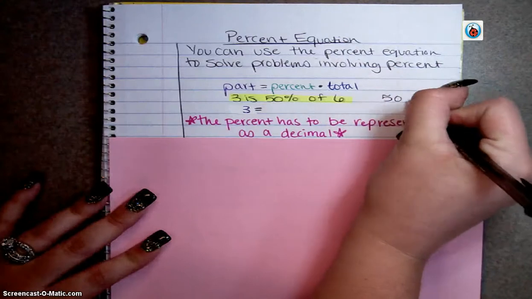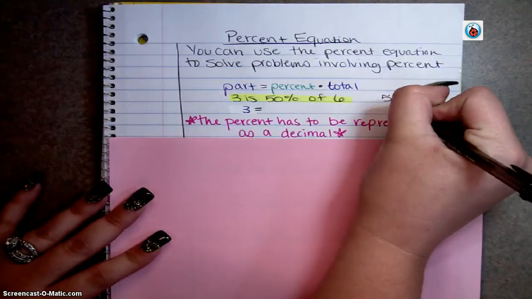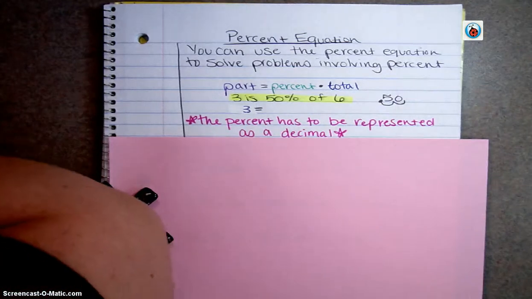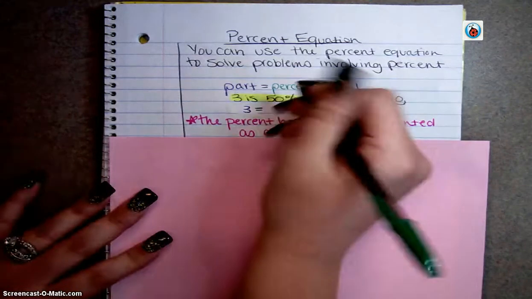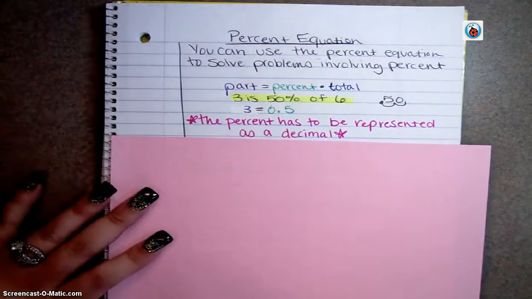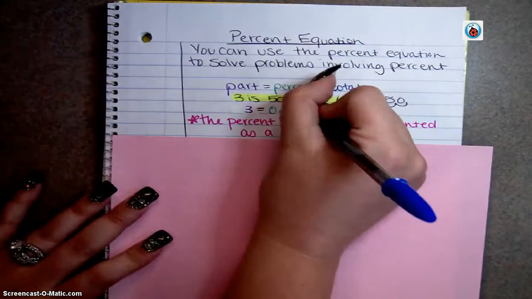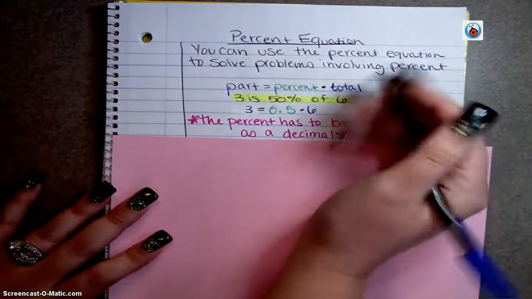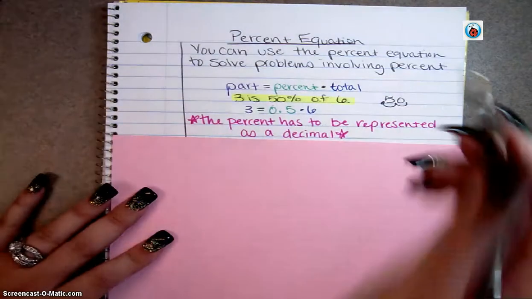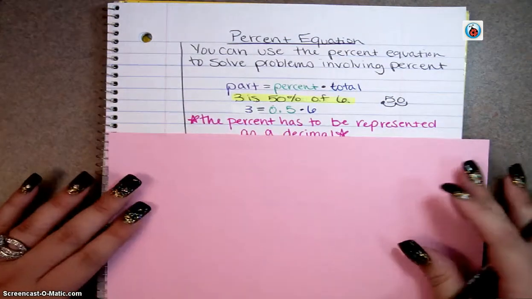So if it's 50, remember to move the decimal 2 times to the left, and that's your percent as a decimal. So I'm going to put 0.5. Remember, you can drop the 0 at the end. And then my total is 6. Part is to total, okay? So the percent has to be represented as a decimal.